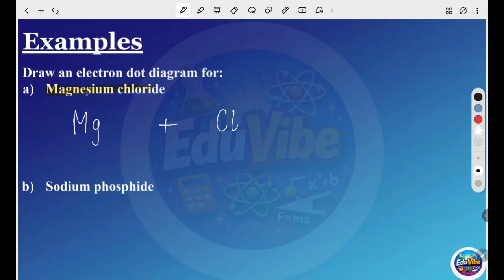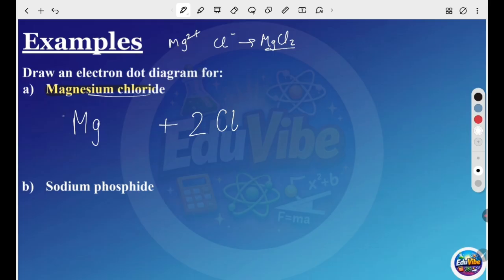So what is the formula for magnesium chloride? Firstly, tell me. We have Mg2+ in this and we have Cl- in this. When we make the formula, we get MgCl2. So there are two Cl, and we have to write that 2.